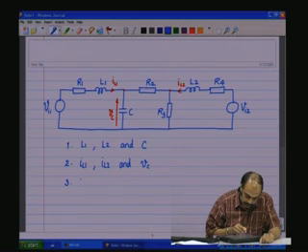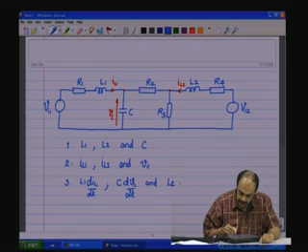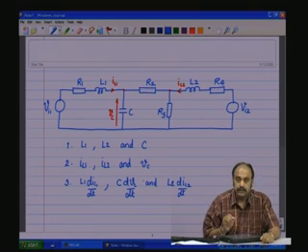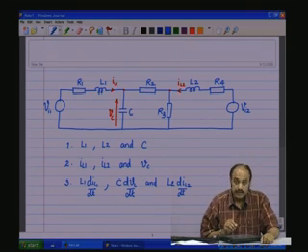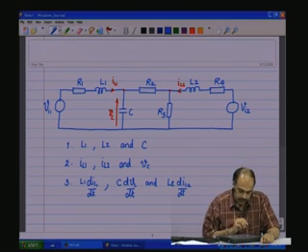First we take the equation around L1, dIL1 by dt, and then we take the equation around C, dVC by dt, and then the equation around L2, dIL2 by dt. So, these are the 3 dynamic equations that we need to formulate, which will finally describe this particular circuit completely.